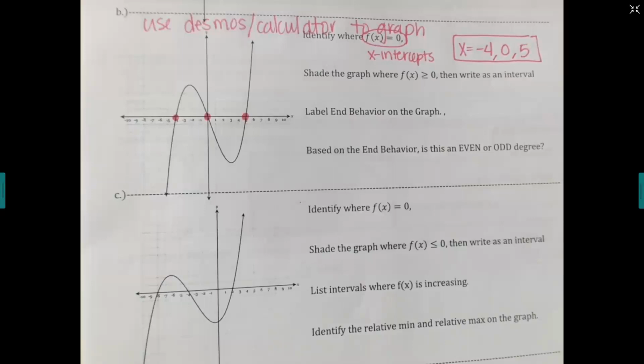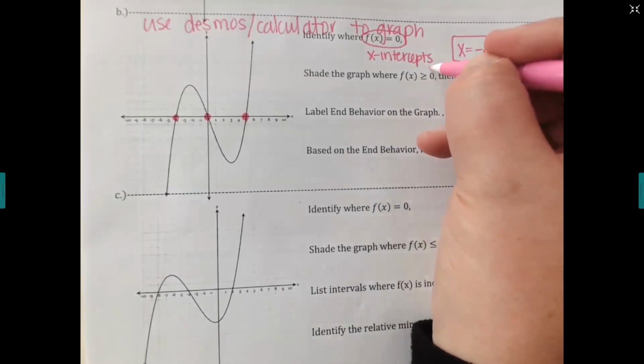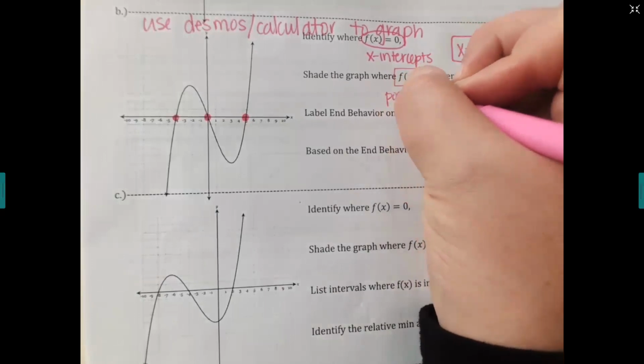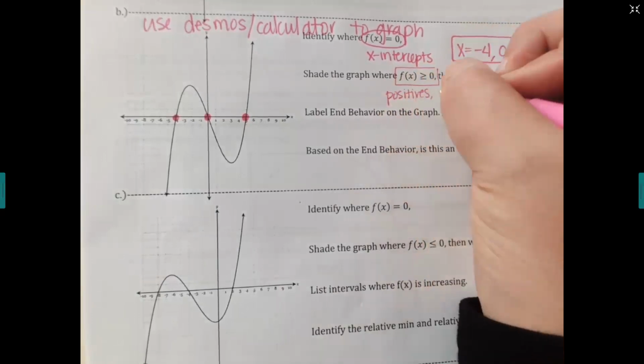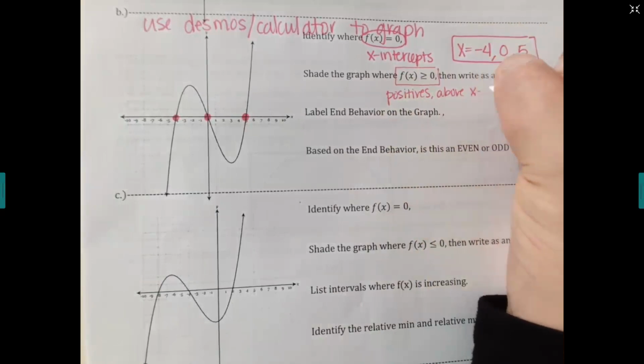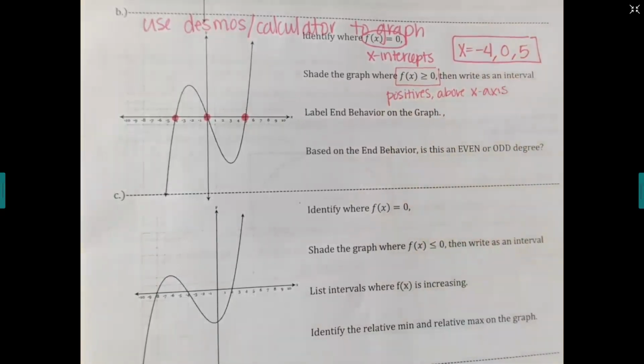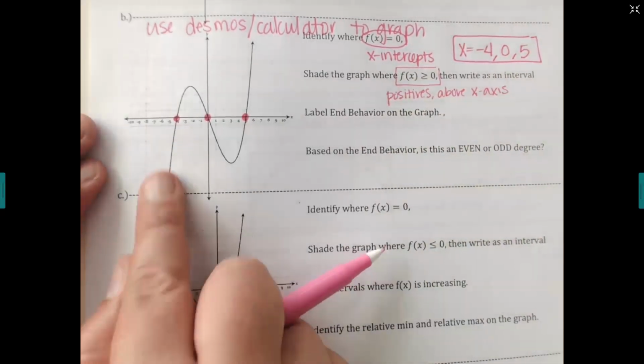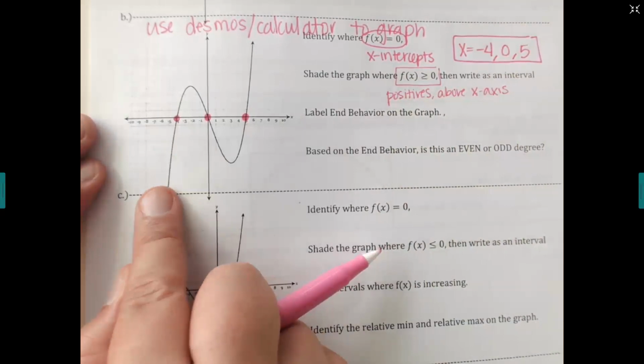Then it says, we covered this only, I think, once. If you want where f of x is greater than 0, you want it to be in the positives, and the positives are everywhere above the x-axis. So if it says you want f of x, that's the equation you're talking about, to be greater than 0, you want it to be in the positive part of the graph. So let's shade in where that happens. Is it positive here? No. What would that be? Negative, because it's below.